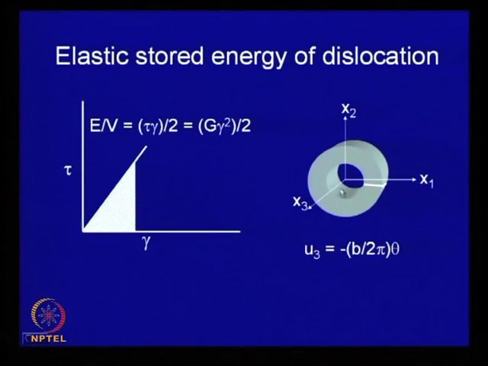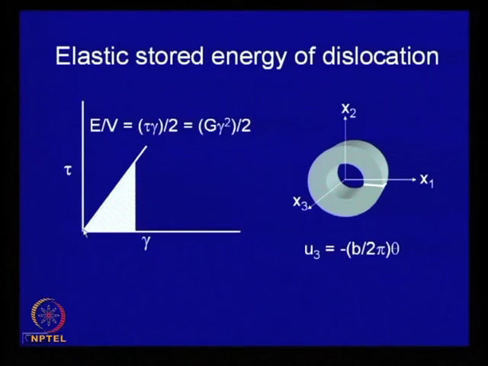So, it is a convenient way of assuming that you have a hollow core where there will be a disturbed lattice structure, but the stress will be too high, so let the stress over here be equal to the theoretical strength of the crystal. With this assumption, it is possible to apply the theory of elasticity to calculate not only the stress field, but also the elastic stored energy of a dislocation.